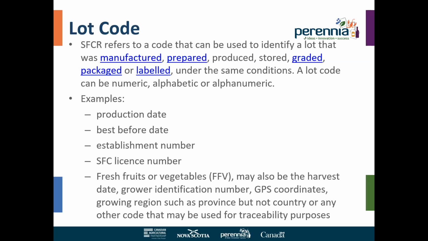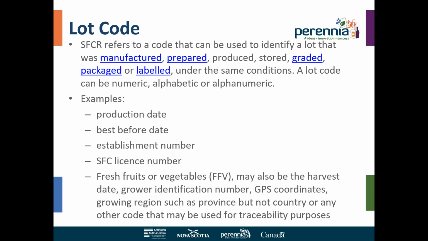So for lot coding, these are some things you can do. Now, the Safe Food for Canadians requirements refers to the code that can be used to identify the lot, the lot that was either manufactured, prepared, produced, stored, graded, packaged, or labeled. It can be numerical, alphabetical, or alphanumerical.